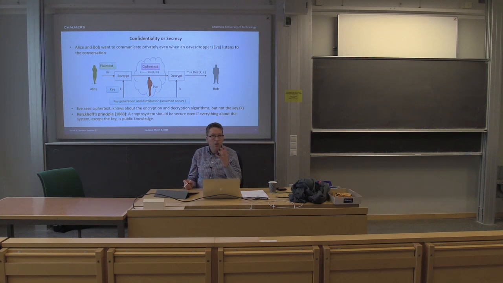So that's the modern way of designing things: we don't keep the encryption algorithm secret. The source code of this could be known and is known. It's distributed freely. Also, the decryption algorithm is well known. It's known exactly how it works. The only thing which is secret is the key.